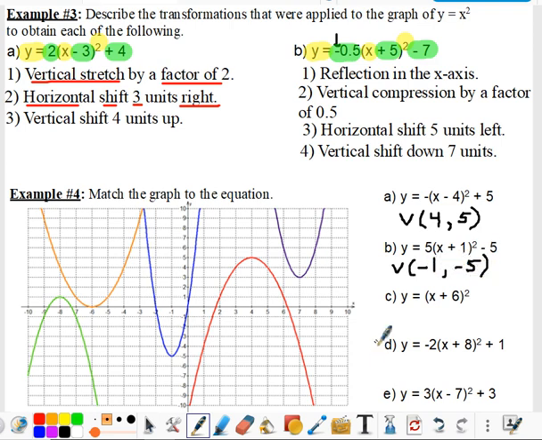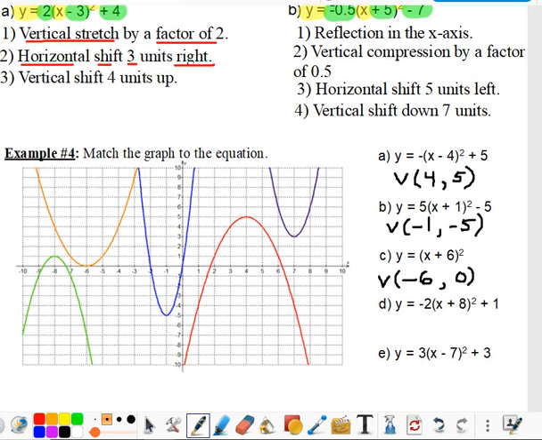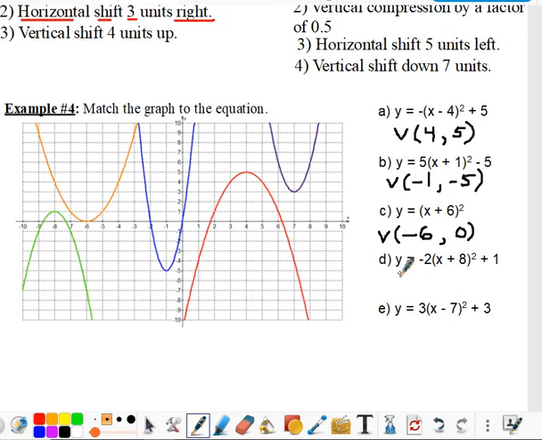The vertex for C looks to be negative 6, and then there's nothing for K, so we just assume that it's 0. For equation D, the vertex is going to be negative 8, comma 1. And last but not least, the vertex for E is 7, comma positive 3.